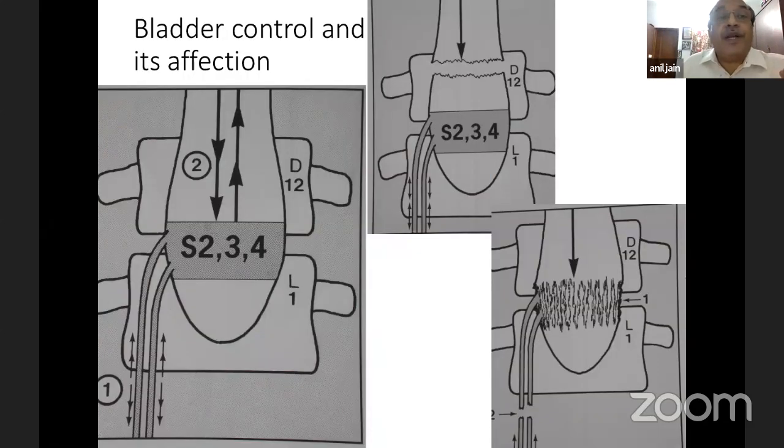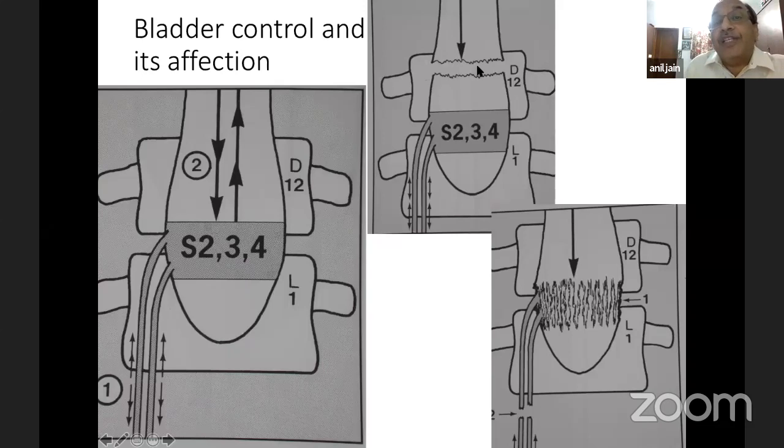Now, another important thing is bladder control. I remember last time this question was asked by someone about the bladder control. I think we need to remember two things. Bladder is innervated from above, the bladder detrusor muscles, and S2, S3, S4 locally supplies the sphincter.